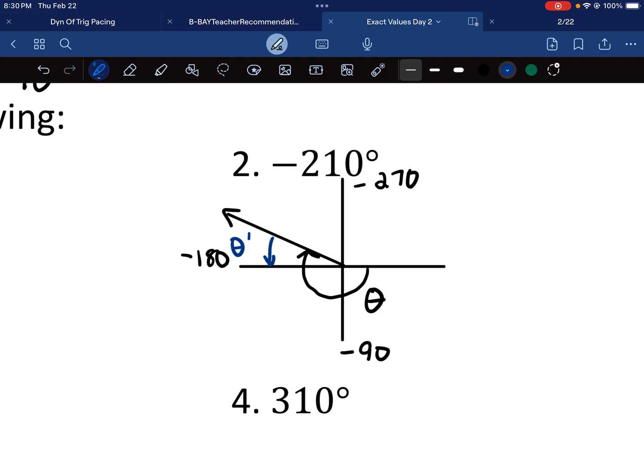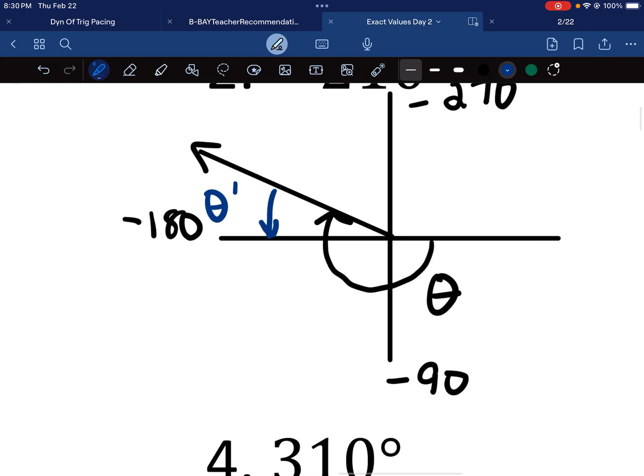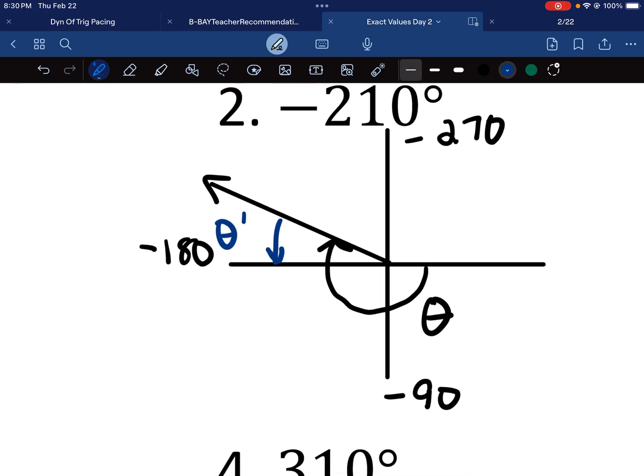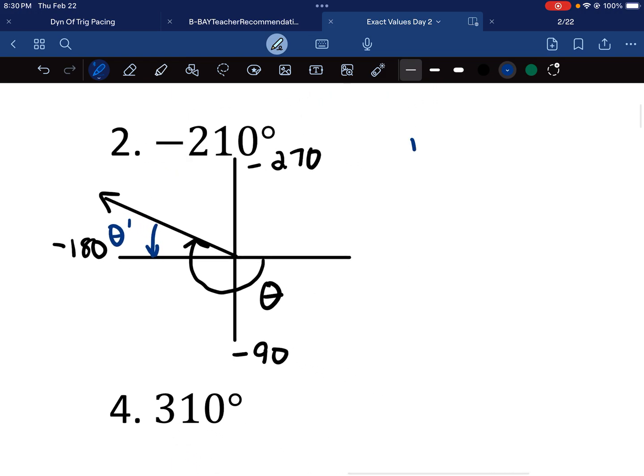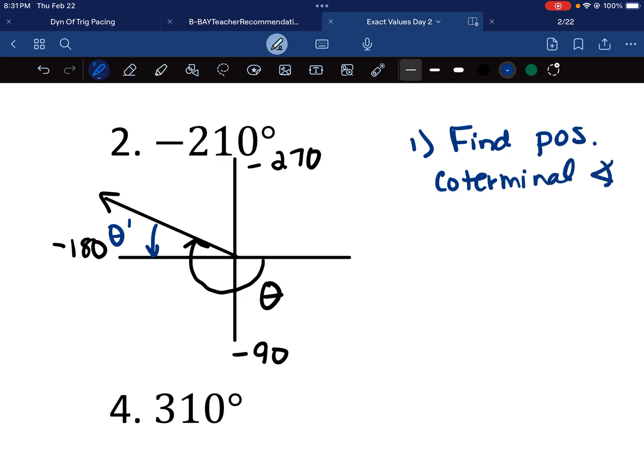If you know that this is negative 210, the first step we have to do, because it's a negative angle, is find the positive coterminal angle. So we're going to do negative 210 plus 360, and we'll get 150 degrees.